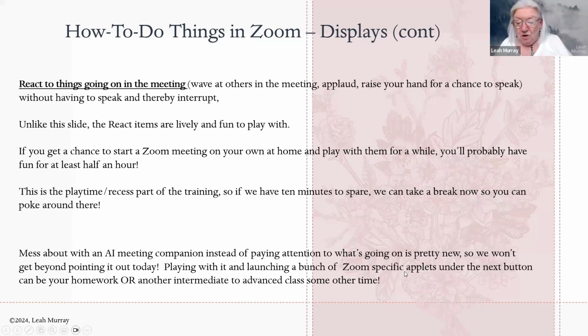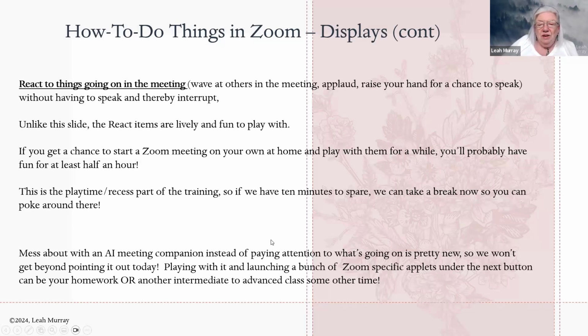It's, as I said earlier, quite new, and I haven't had a chance to play with it, so I'm just pointing it out today. And your app button next to the AI meeting companion can be your homework or another intermediate to advanced class some other time.